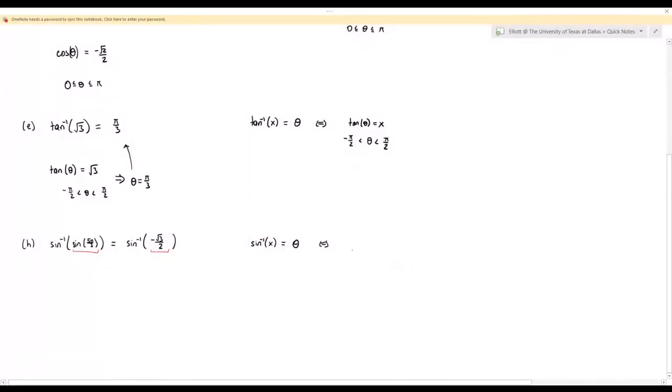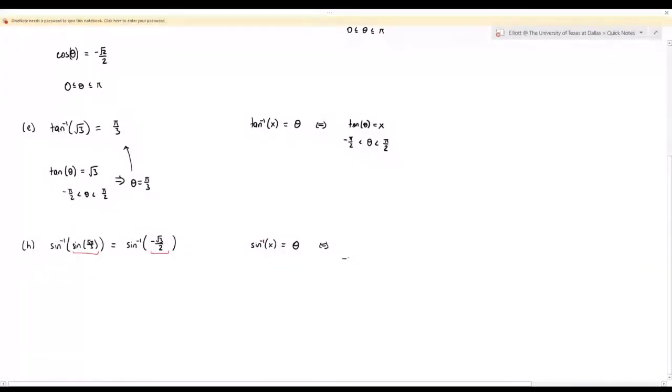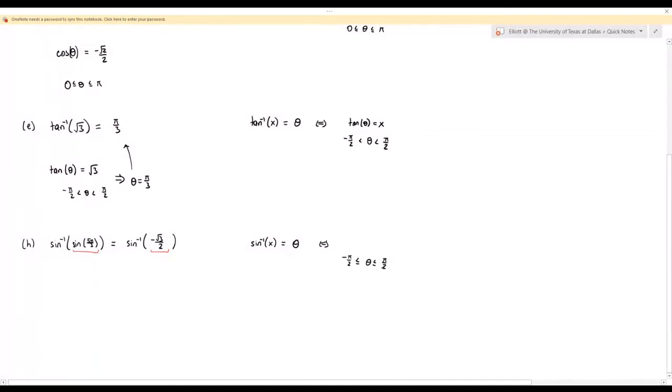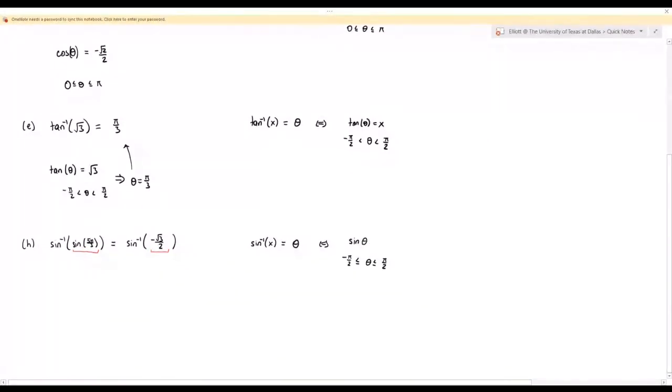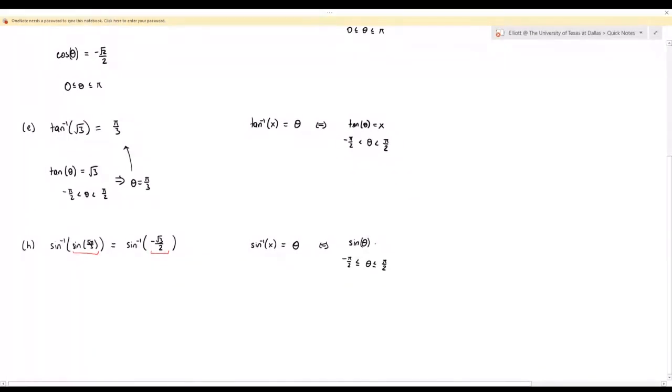Now for the inverse sine, that angle has to be between minus pi over 2 and pi over 2. And then this equation, you can rearrange if you move the sine inverse to the other side. When you move it over, it becomes an ordinary sine. So we have that sine of theta should be equal to x.